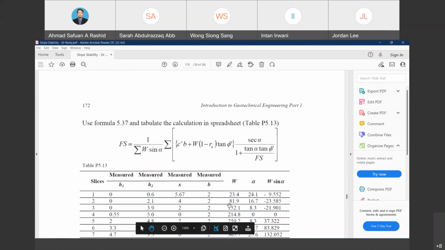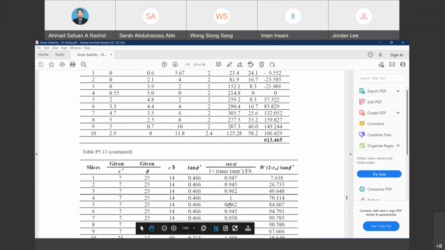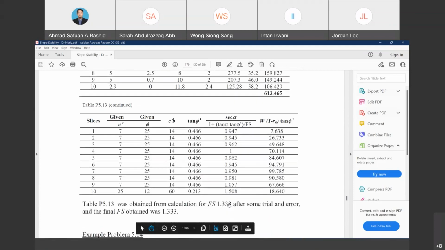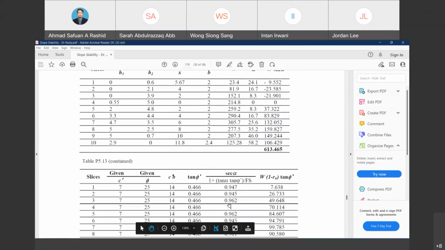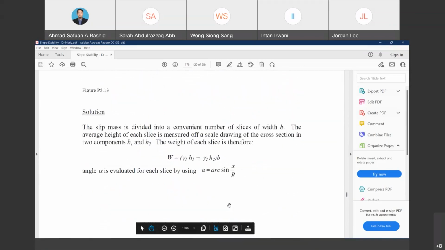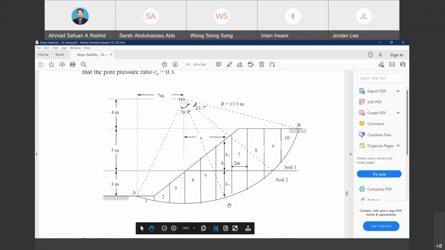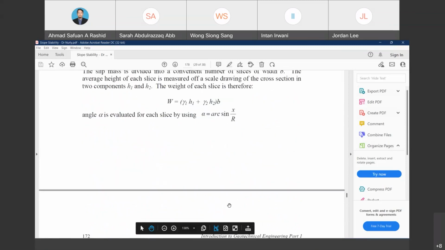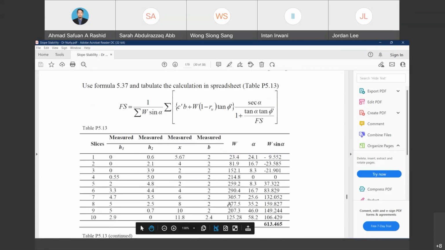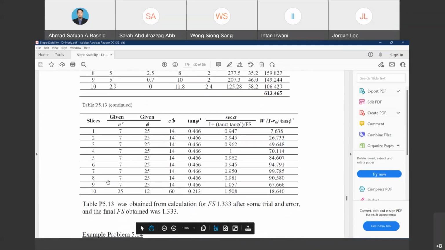So we look at how she solved this kind of problem. It would make it easy to understand if she explained how to include these 2 types of soil for slice number 9. I guess she did not explain.